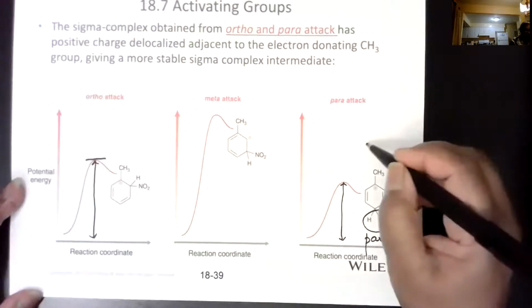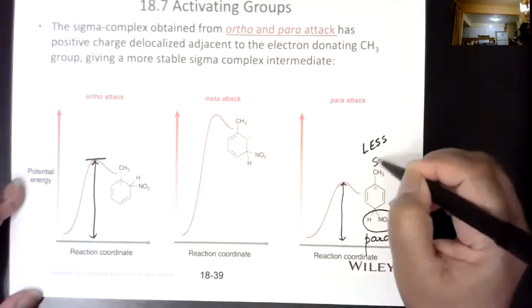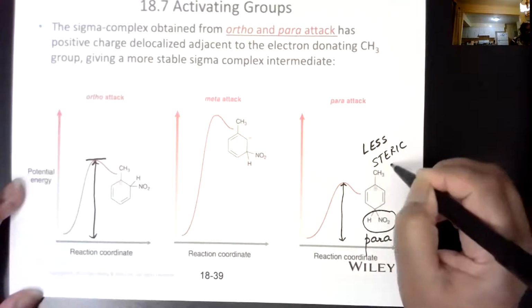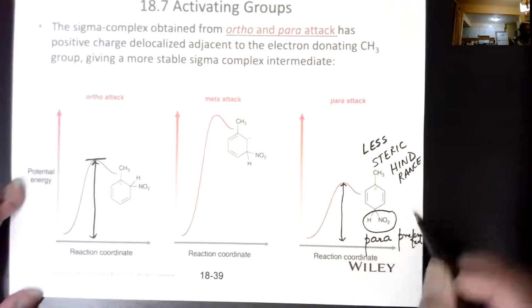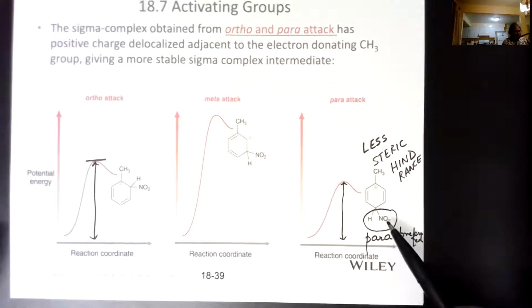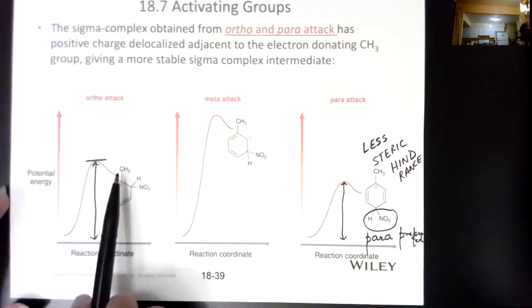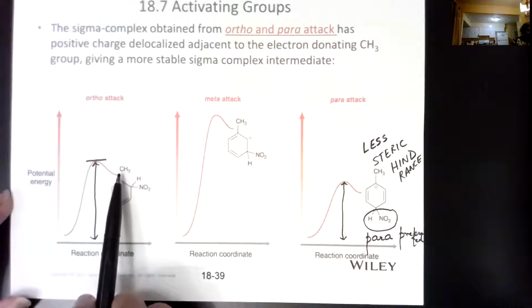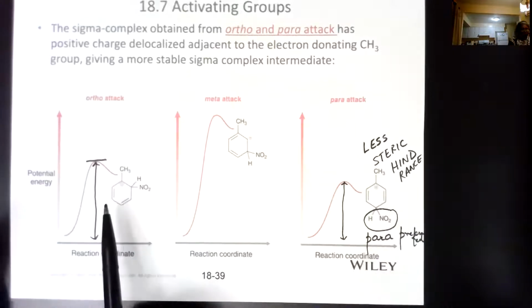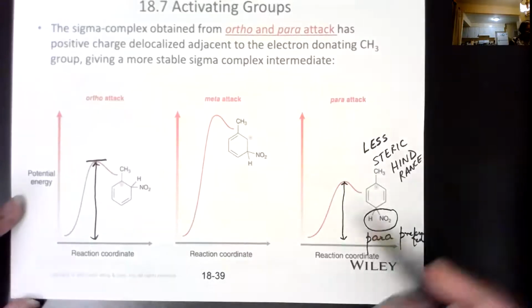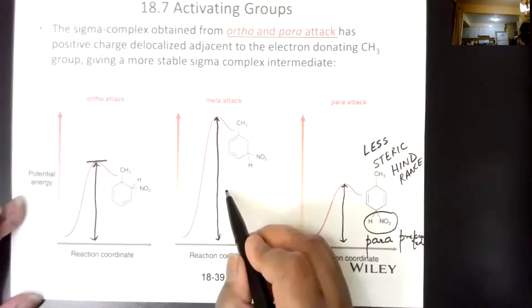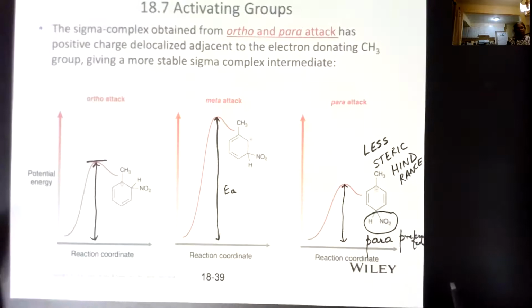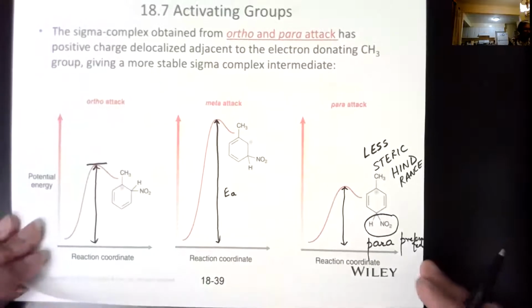And that's due to less steric hindrance. The nitro group here is free, but the ortho group here, you see, it's close to the original substituent. So therefore, this is preferred over ortho. And meta is the least, because look at how high the hill is. And so that has the highest activation energy, and you get the least amount of the meta product.